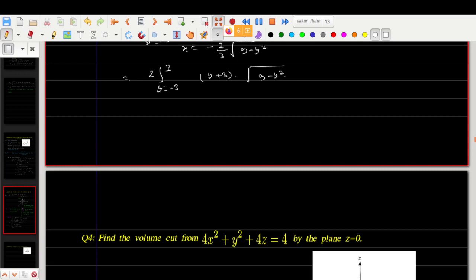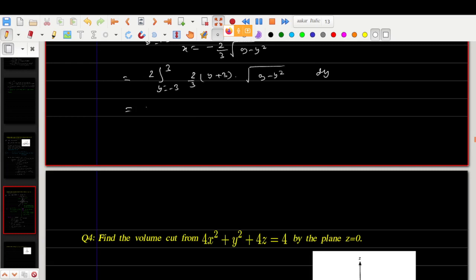Integrating with respect to x, there will be a scalar 2 by 3, and this is dy.